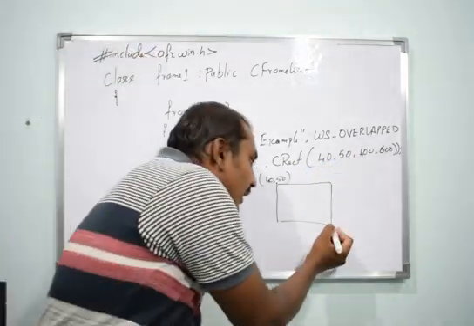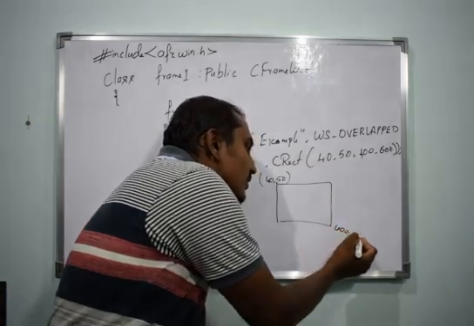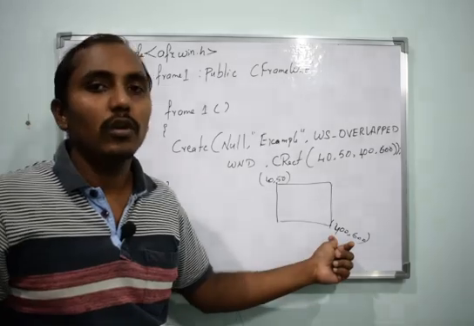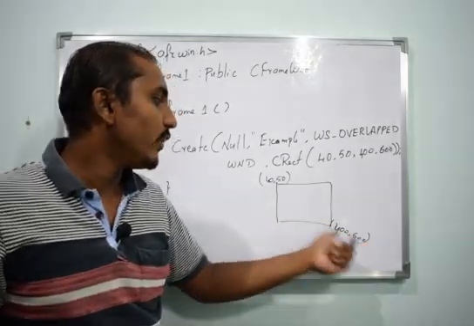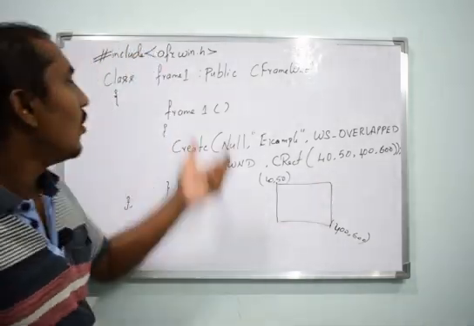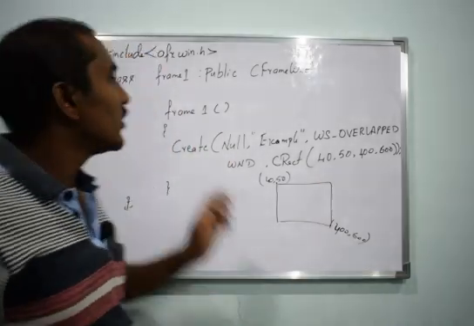And it will end at 400, 600, which will be the right bottom corner. Using these two values, where it will start and where it will end, we draw the rectangle of this frame1. So this is the first part.